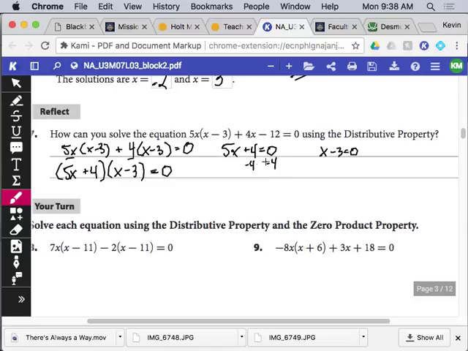Here I subtract 4 from both sides, I get 5x equals negative 4, then divide by 5: x equals negative 4/5. And here, I simply add 3 to both sides. I get x equals 3. So those are my solutions. Does that make sense?